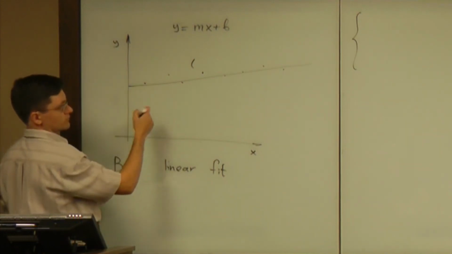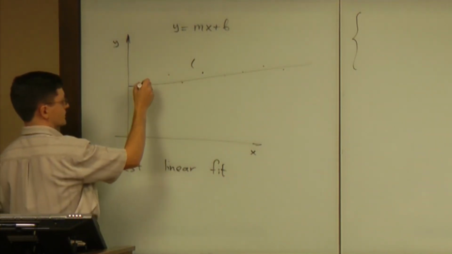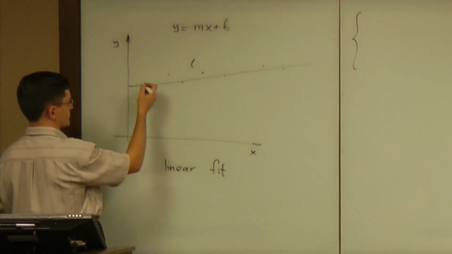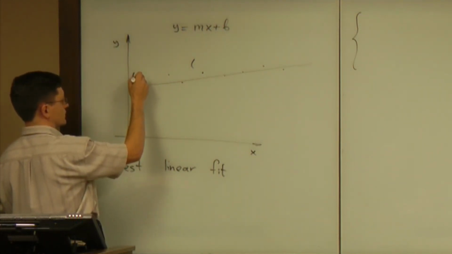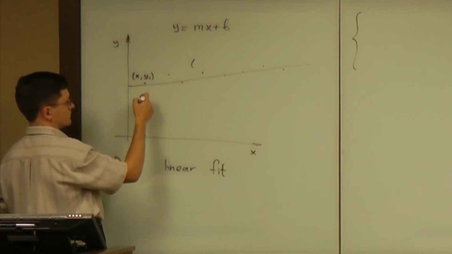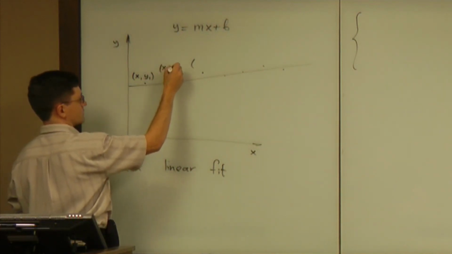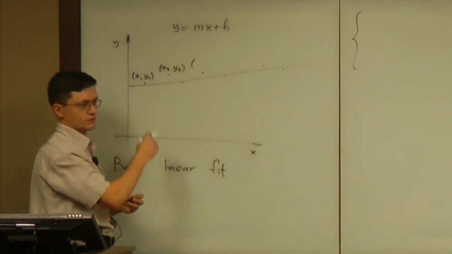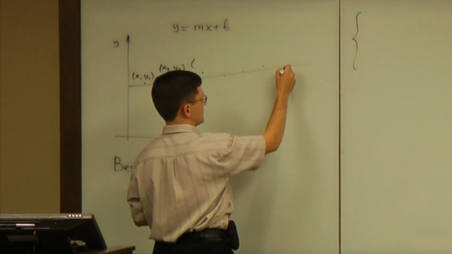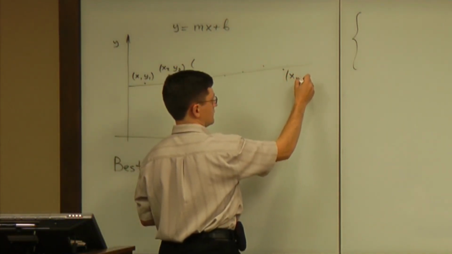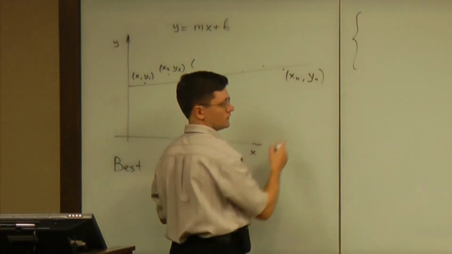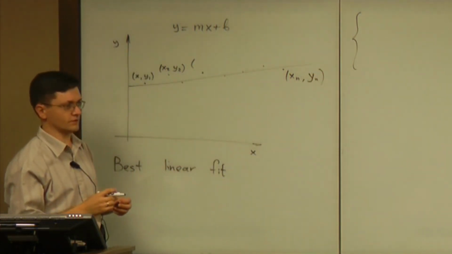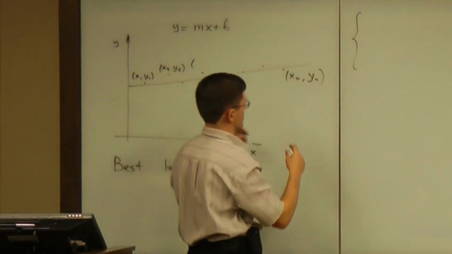let's say, before I do algebraic equations, I will have to have notations. So (x1, y1) is the first point, (x2, y2) is the second point, and so on. And you have many of them, (xn, yn). Think of n as large, so you have the whole cloud of points there.